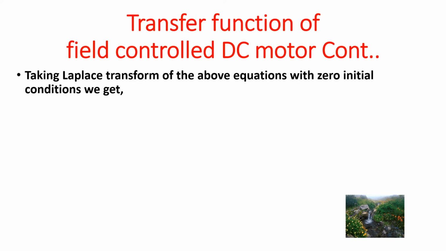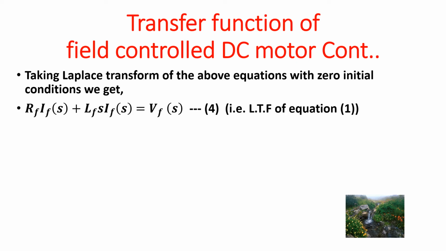Taking Laplace transform of the above equations with zero initial conditions, we get R_f I_f(s) plus L_f s I_f(s) is equal to V_f(s). This is equation 4. That is, we have taken the Laplace transform of equation 1.